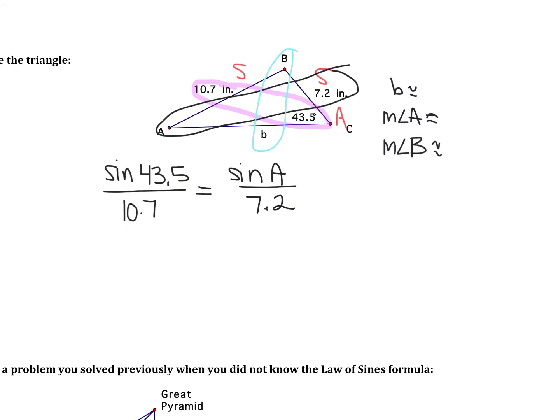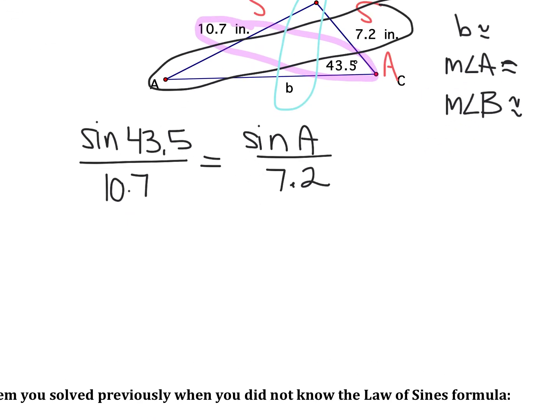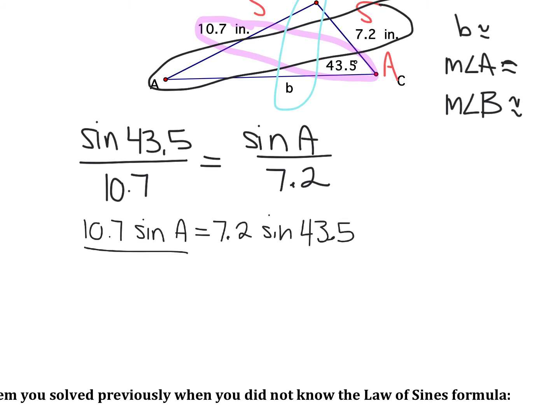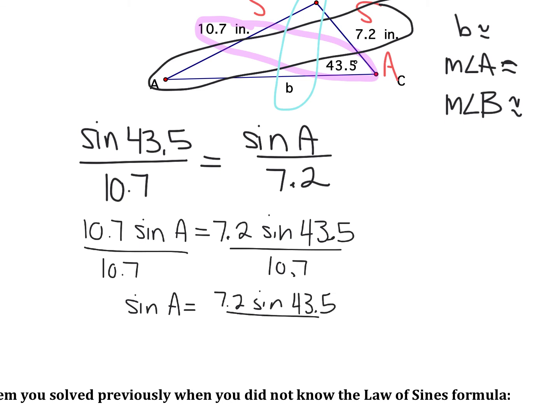Okay, let's cross multiply and solve for A. So I'm going to get 10.7 times the sine of angle A equals 7.2 times the sine of 43.5. First thing I'm going to do is divide by 10.7. So now sine of A is going to equal 7.2 sine of 43.5 over 10.7.